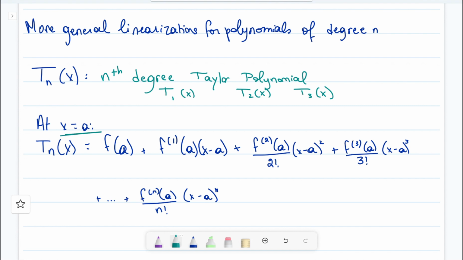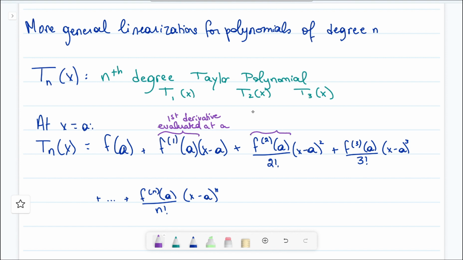So at x equals a, the nth degree Taylor polynomial is f of a plus f with a superscript 1 of a. This means this is the first derivative evaluated at a, and this times x minus a.